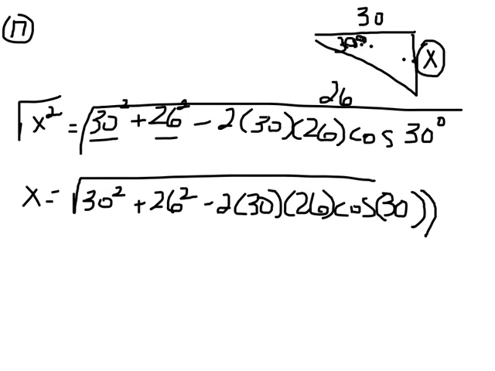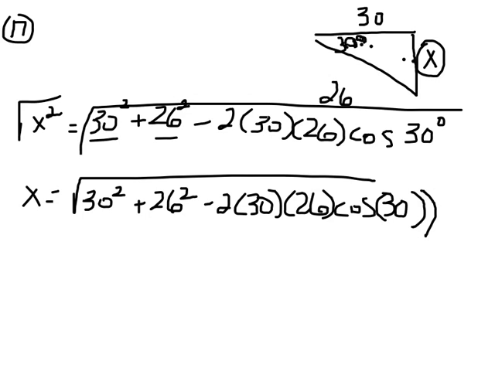So second square root, 30, hit x squared, plus 26, hit x squared, oops, I put a plus, so I got to go back, minus 2 times 30 times 26 times cosine 30 degrees, put a parenthesis after the 30, and put a parenthesis to end the whole square root.